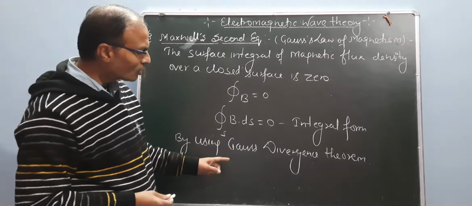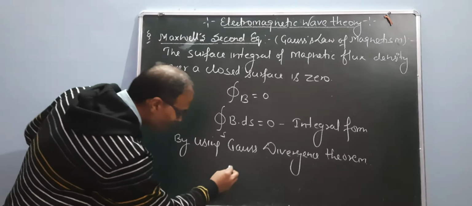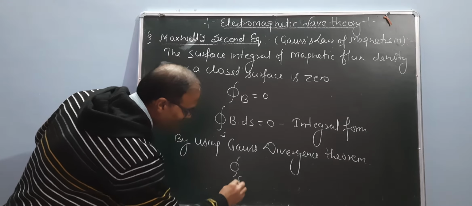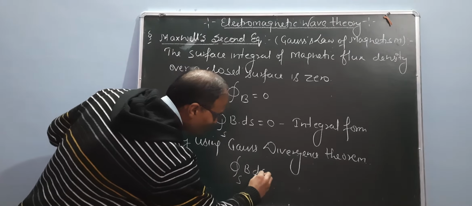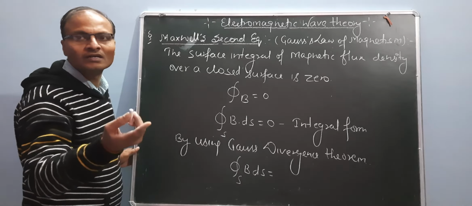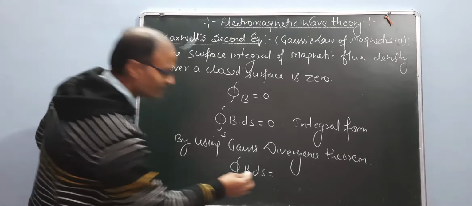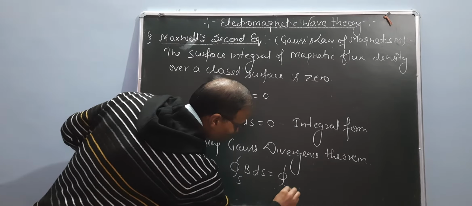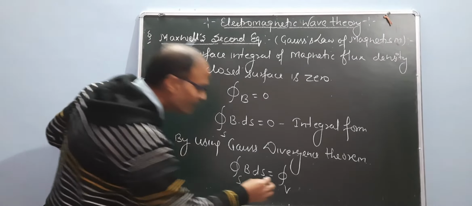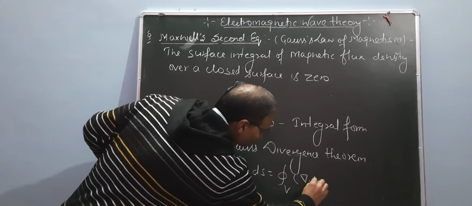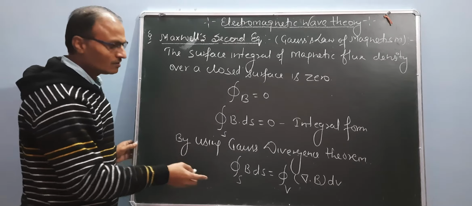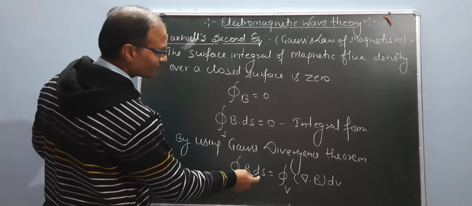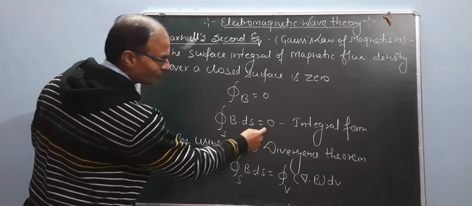According to Gauss divergence theorem, closed surface S B dot ds converts to the volume integral of del dot B dV. Now, for this equation, the surface integral of B dot ds equals 0.